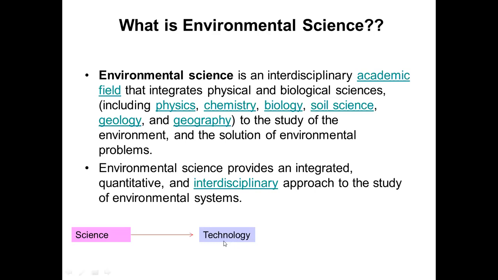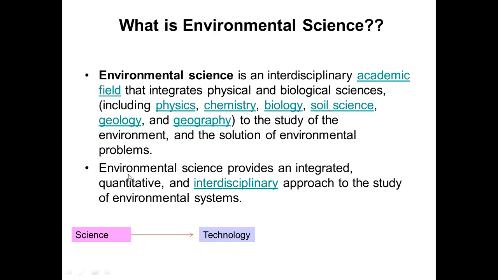So in our module you will learn some percentage of environmental science, and also from other modules and from your school advanced level and lower level knowledge, you have a knowledge of environmental science, because you know physics, chemistry, biology, soil science, geology, like that. Without that knowledge, you cannot follow the environmental technology.